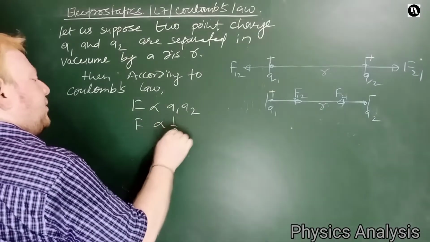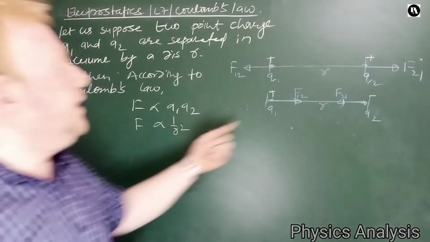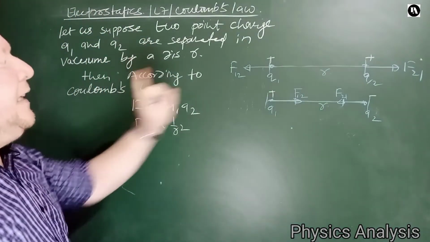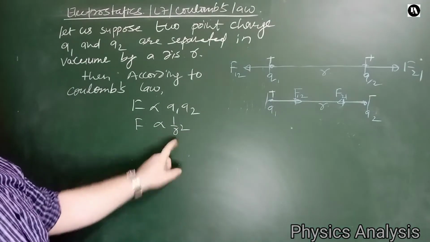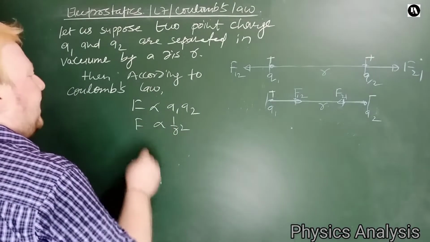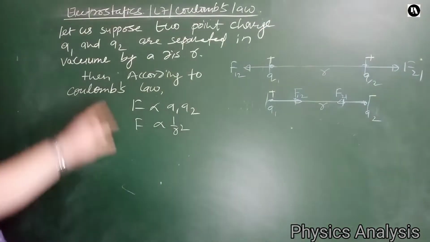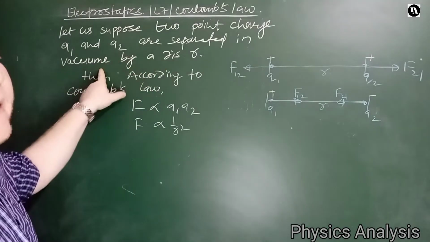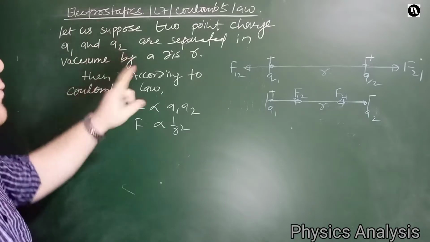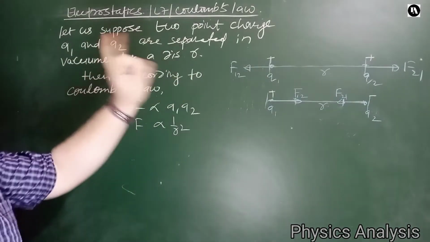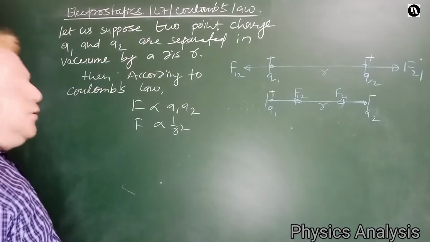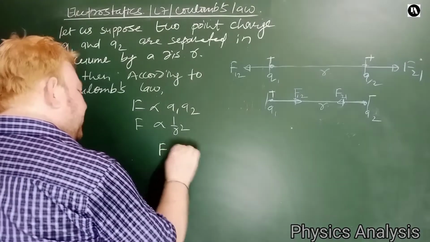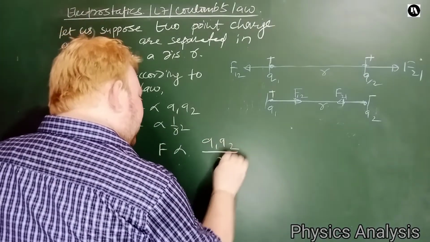Also F is inversely proportional to the square of the distance of separation, r squared. Combining these two, F is proportional to Q1 Q2 upon r squared.